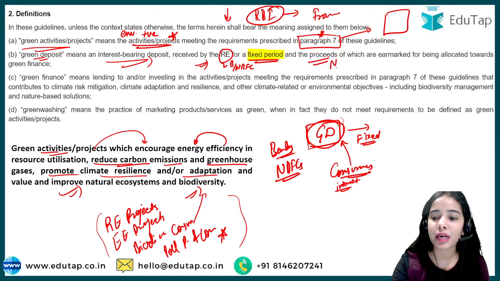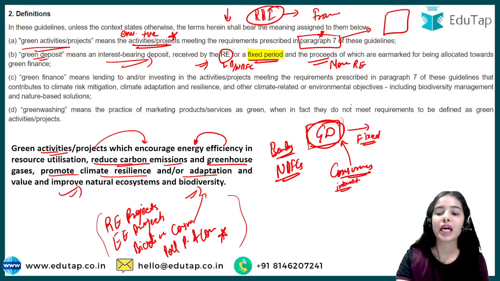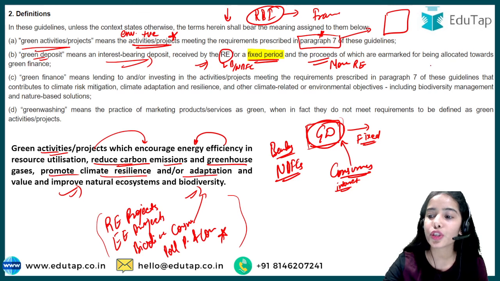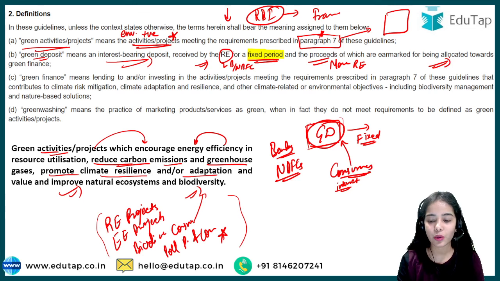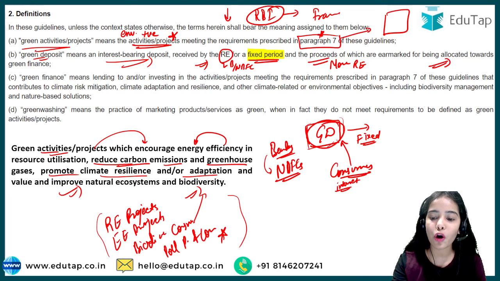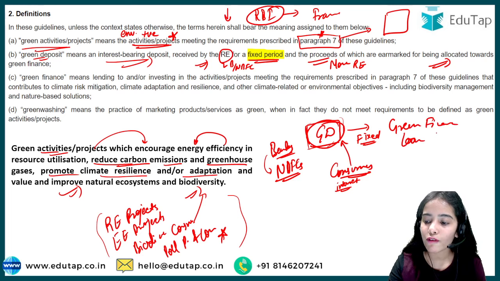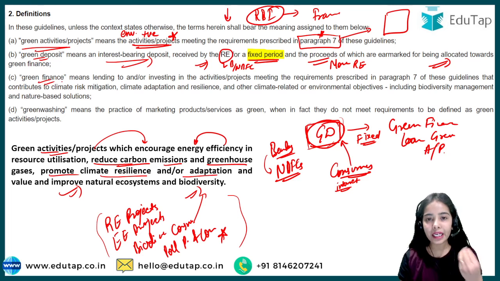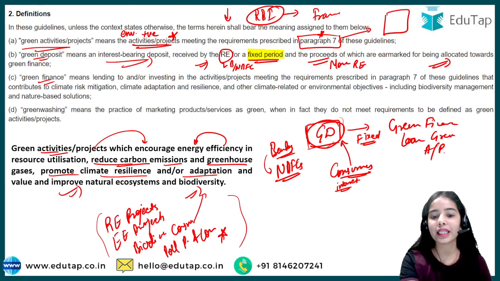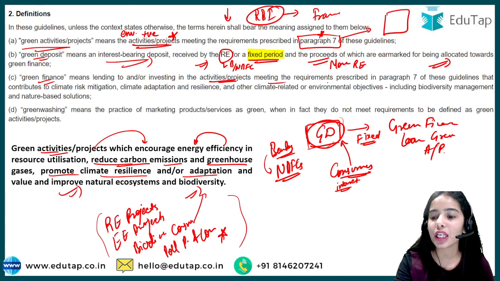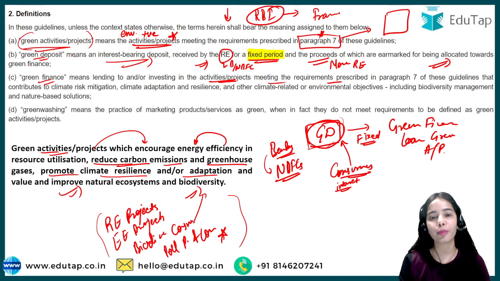And the proceeds, the money that the regulated entity gets from the green deposits, should only be used towards green finance. The money that banks or NBFCs receive in the form of green deposits can only be used for giving loans for green activities or green projects. Green finance means lending to or investing in activities or projects that meet the requirements of green activities or projects, which we will see in paragraph 7 when we see the complete list.